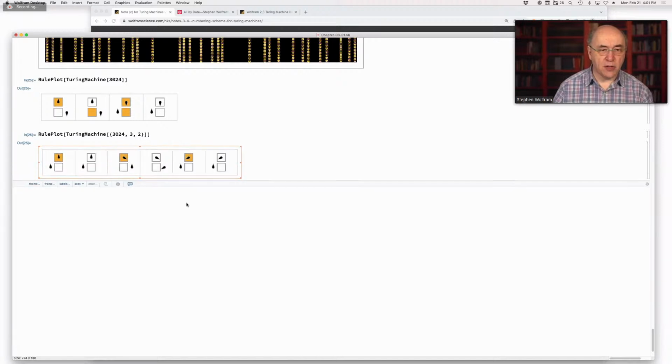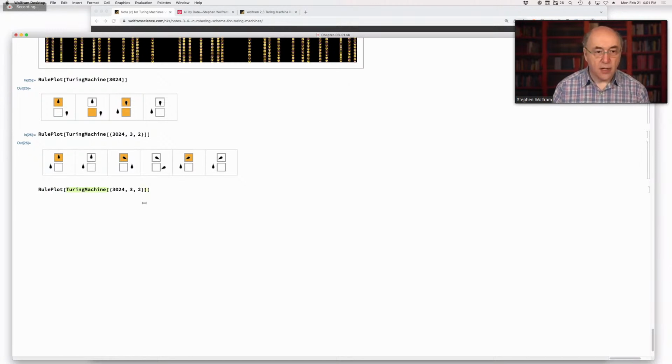Now if we want to find out what it will do, we can say, let me see, what do we want to do? We want to say Turing machine, and we want to start it off from the initial condition. I think we want a blank. We want to say state one and otherwise blank, I think.